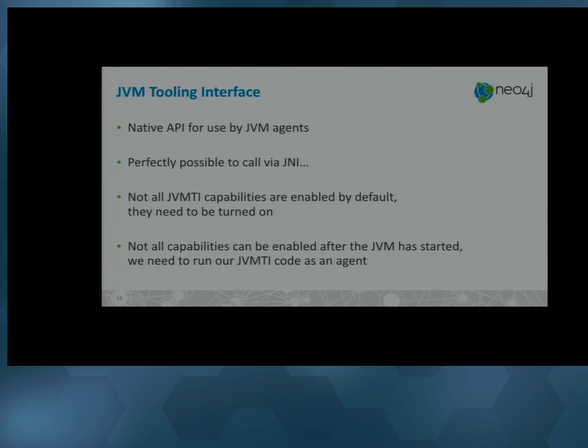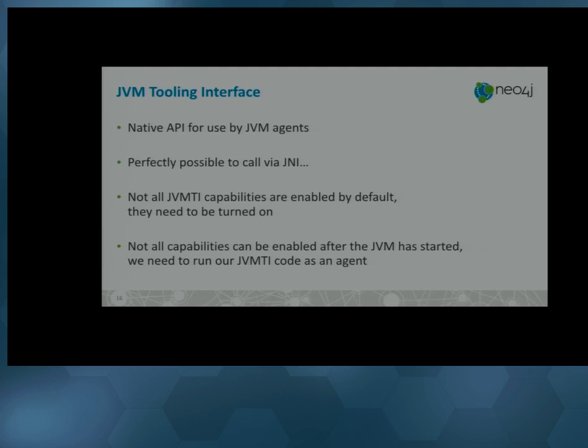Although you might still need an agent in order to enable certain capabilities, because not all JVM API capabilities are enabled by default, just like not all instrumentation capabilities are enabled by default. And some of them cannot be enabled once the JVM has started running. They have to be enabled before.